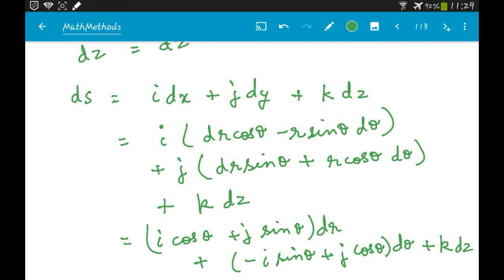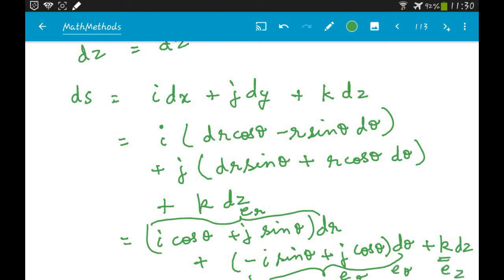So this is your E_r, this is your E theta, and this is your E_z. So this is what you have.